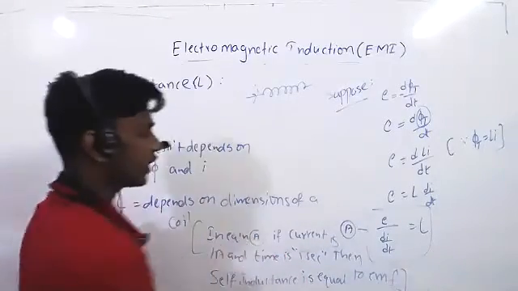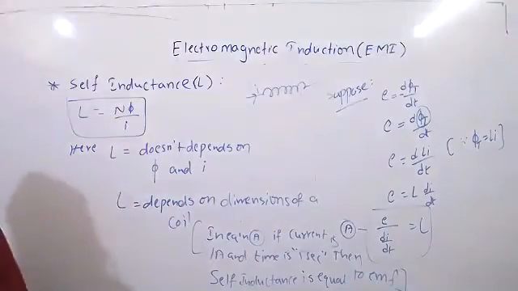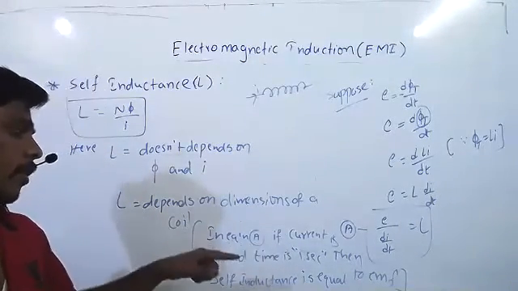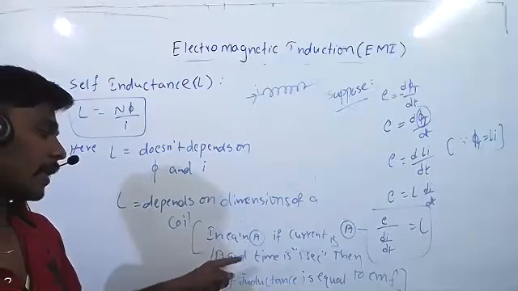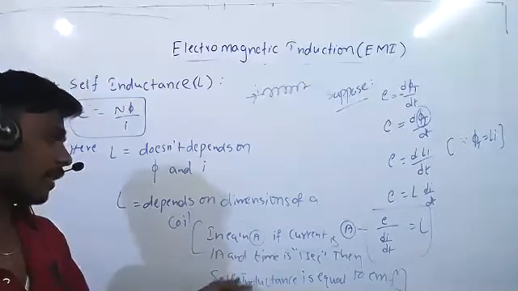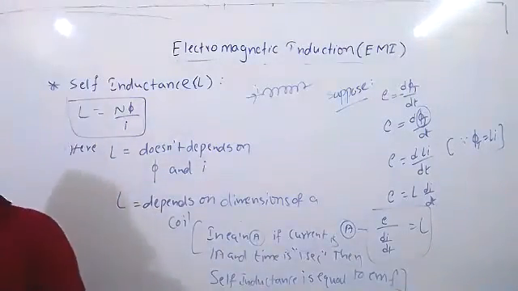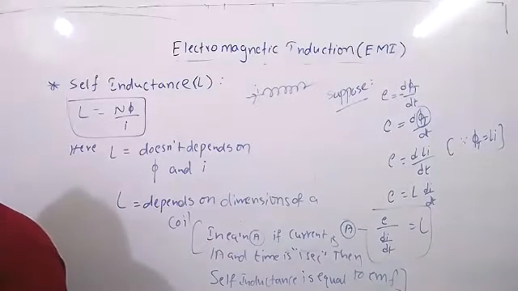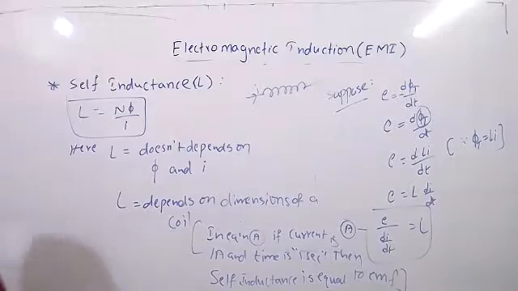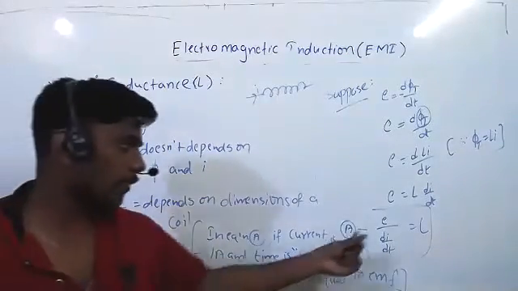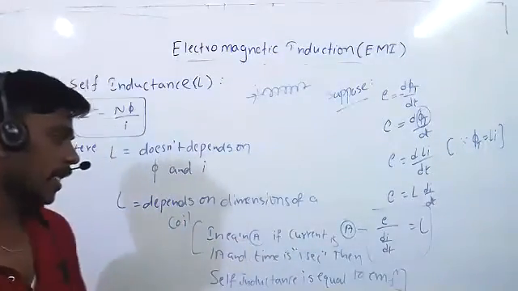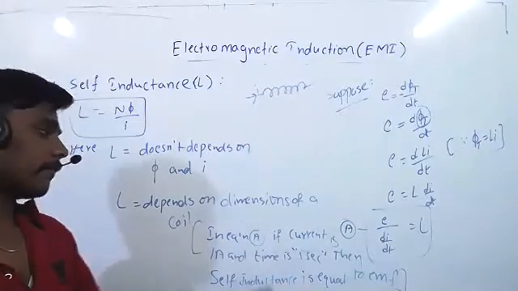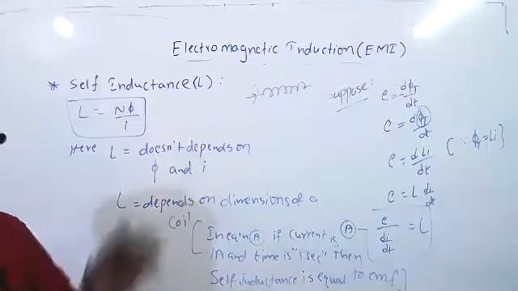It is very important. Define self-inductance. Define self-inductance means if 1 ampere current is passing in the coil in 1 second, then self-inductance is equal to EMF. We can say like that. The coefficient of self-inductance is equal to the EMF when current is 1 ampere in 1 second.